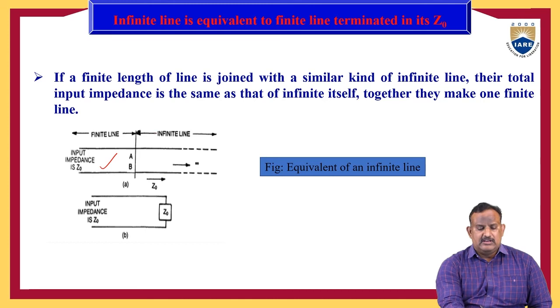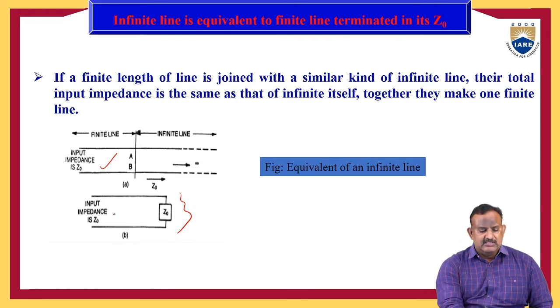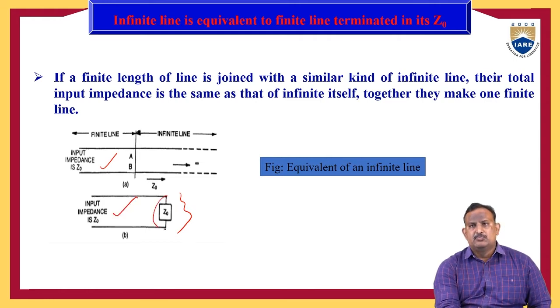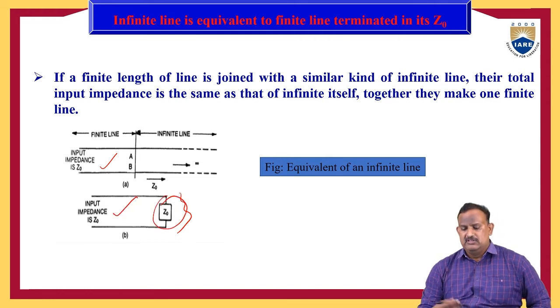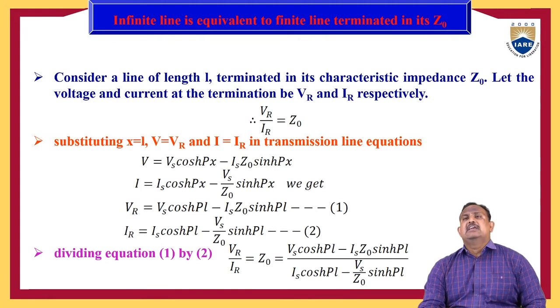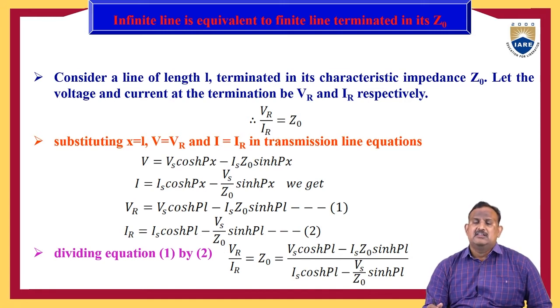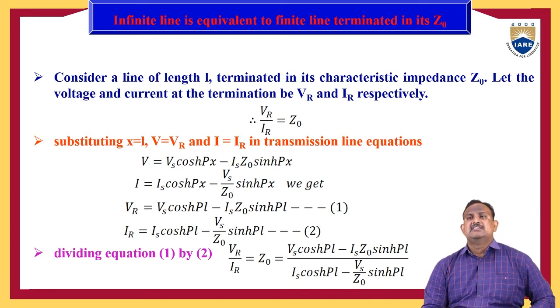If we connect like that, the equivalent circuit can be modified with the output impedance Z0. Therefore, consider a line of length L terminated in its characteristic impedance Z0. Let the voltage and current at the termination be VR and IR respectively, where VR is the receiving end voltage and IR is the receiving end current.